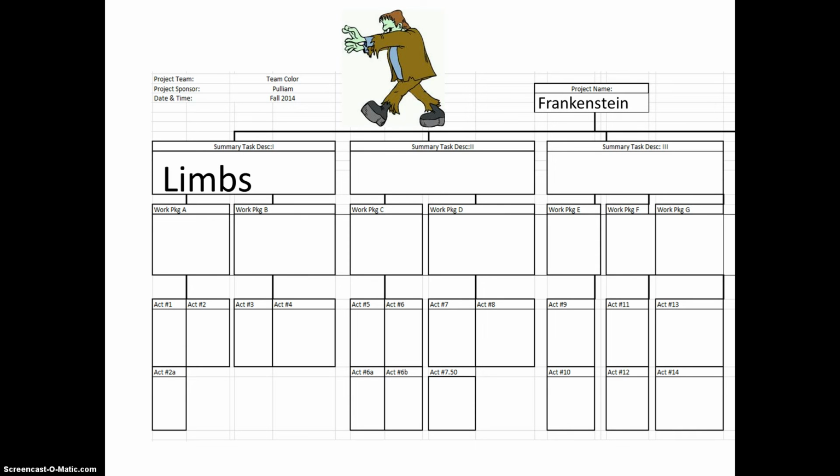We've identified limbs, torso and head as summary tasks, and with each of those summary tasks we have work packages which in combination create these summary tasks. For example, with the limbs we've got legs and arms. With the torso we consider the internal organs as vital, and heart and lungs are very important to realize here.